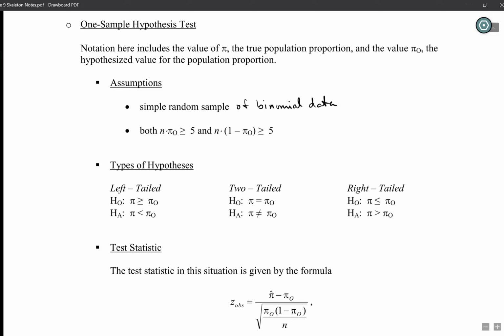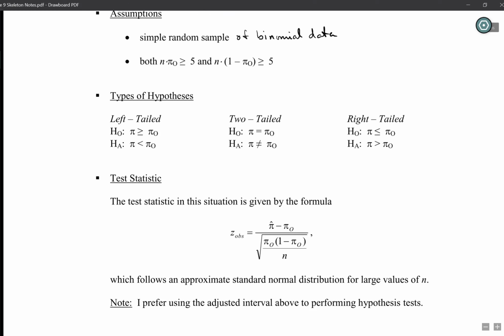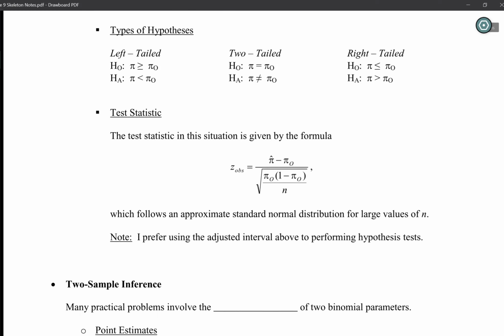That's the kind of data we need: a binomial count from a simple random sample. That's when we could use this particular method, as well as the previous confidence interval. Now, we also need a quote-unquote large n, and that is governed by, again, this rule of thumb that we saw earlier.